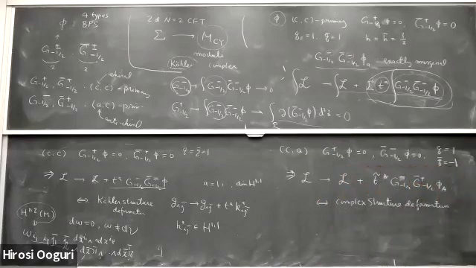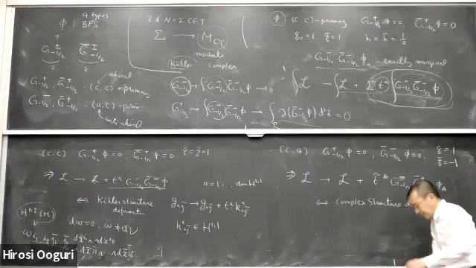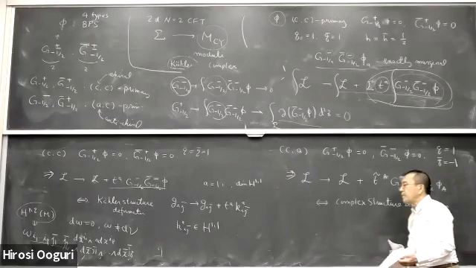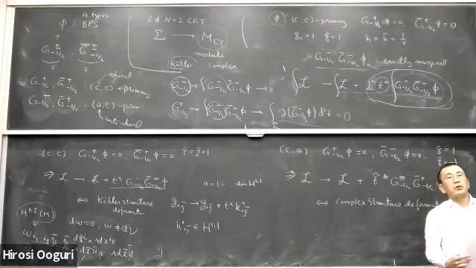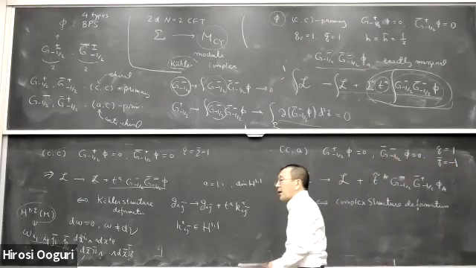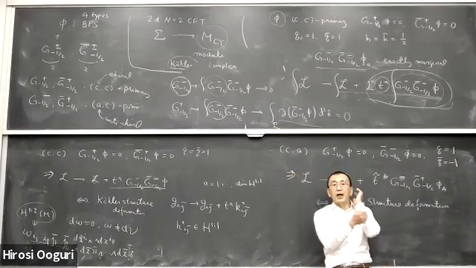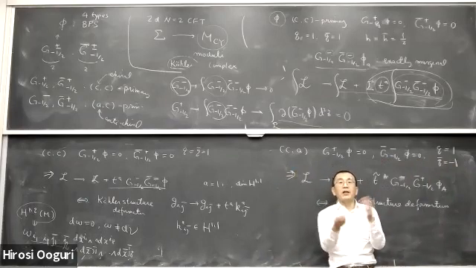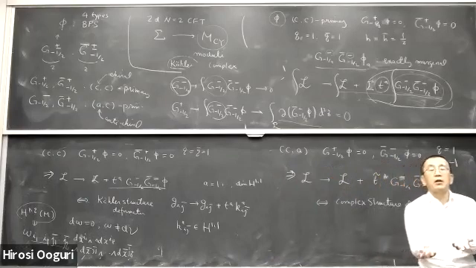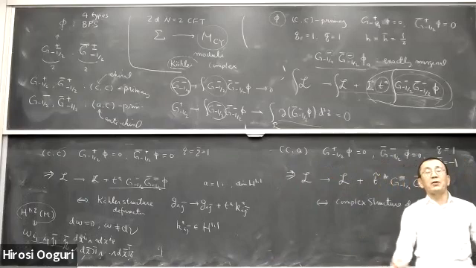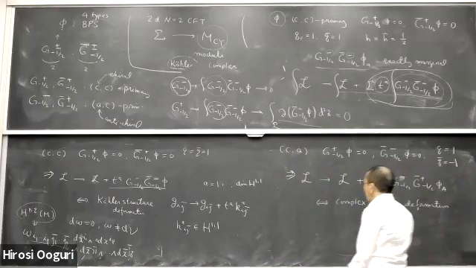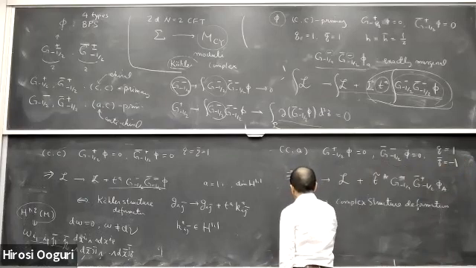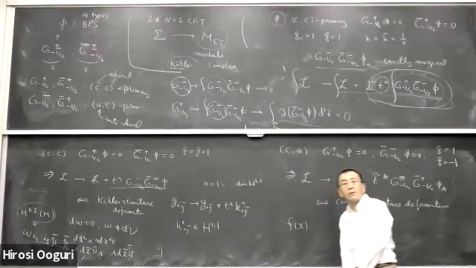By this I mean the following. So in general, we say that, well, what is the definition? What do we mean by complex structure? Complex structure means the following: if we have a complex structure, then we know what kind of functions are holomorphic on that manifold, right? Similarly, if you have a differential manifold, we can tell what kind of functions are differentiable on that manifold. In the same way, we need to know when a function is holomorphic.